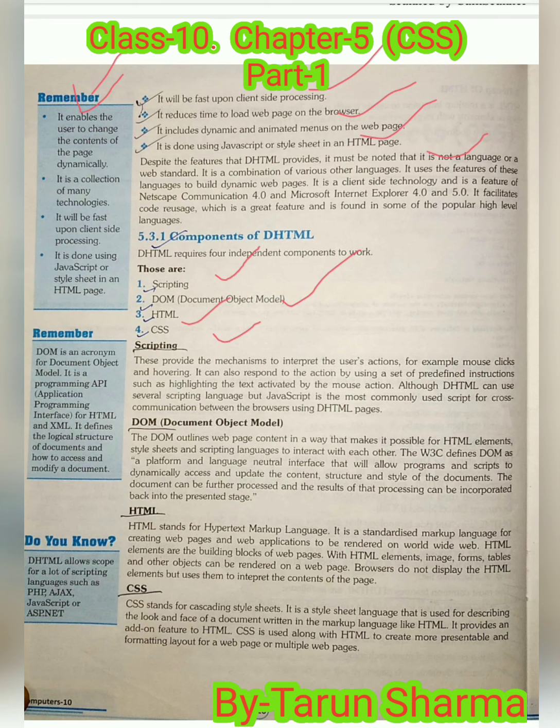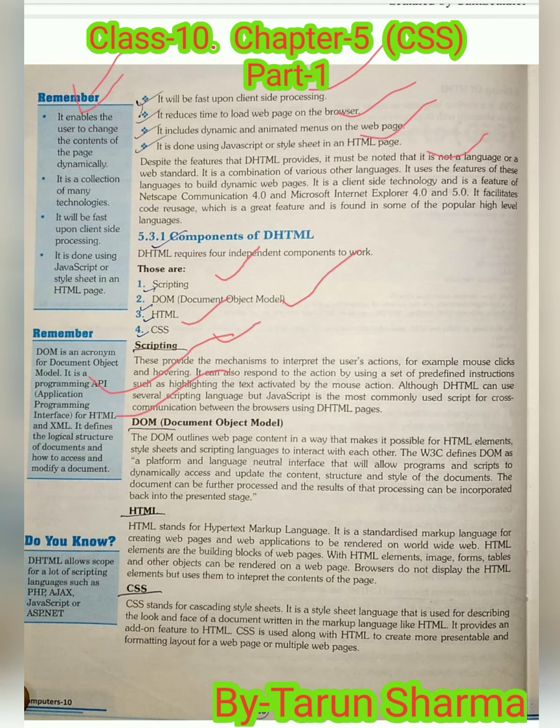These provide the mechanism to interpret the user actions, for example mouse clicks and hovering. It can also respond to the action by using a set of predefined instructions, such as highlighting the text activated by the mouse action.